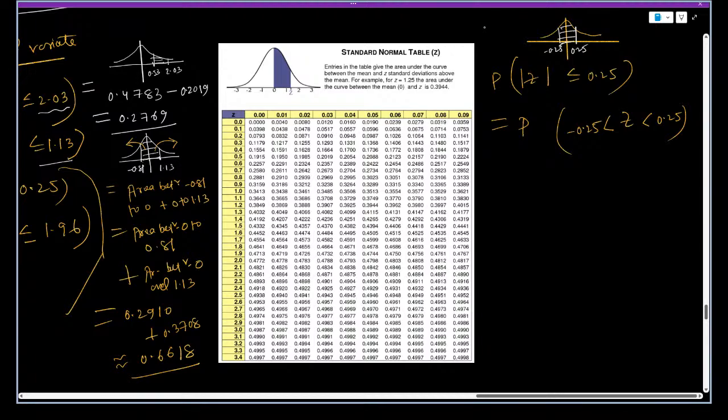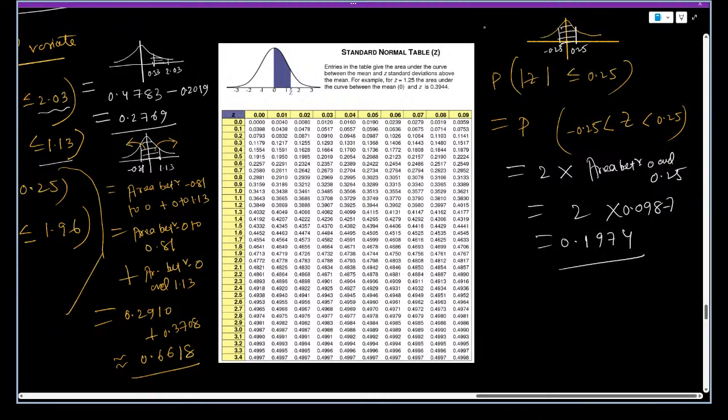So can't you write this as 2 into the area between 0 and 0.25, which, you just check, for 0.25 is 0.0987? 2 into 0.0987 is 0.1974. Alright, hope you have understood.